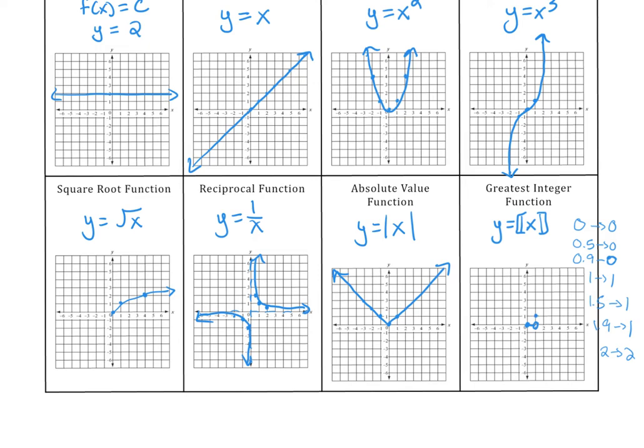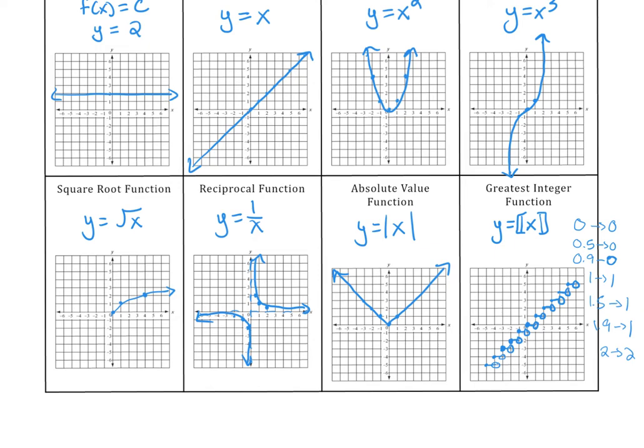And anything between 1 and 2 just stays at 1, jumps up, and it repeats like this. And then backwards. So the greatest integer function, sometimes I'll refer to as like the step function, but that's what it looks like.